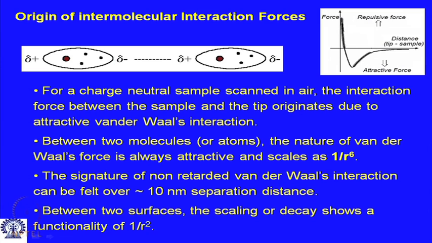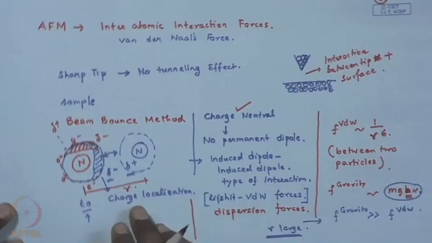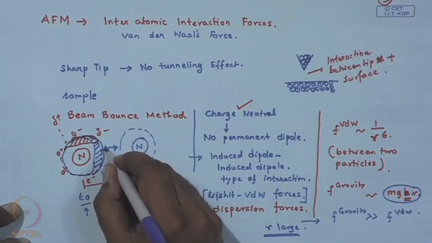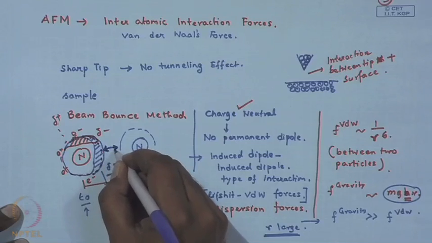So, the signature of non-retarded van der Waals force, the type of van der Waals force we talked about, is an induced dipole type interaction. What has been assumed implicitly is that this induction of the charge is instantaneous.